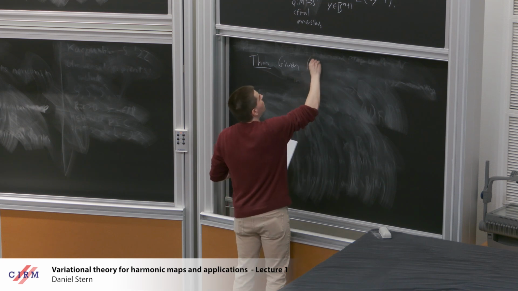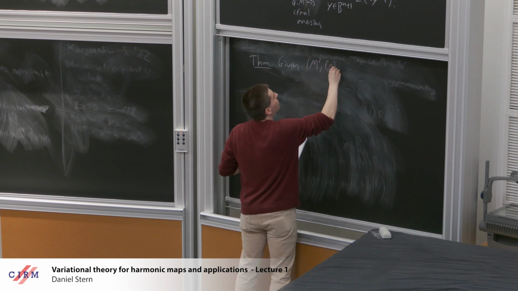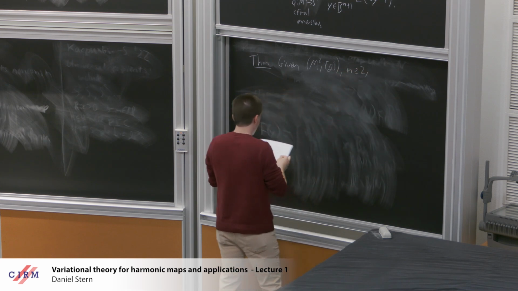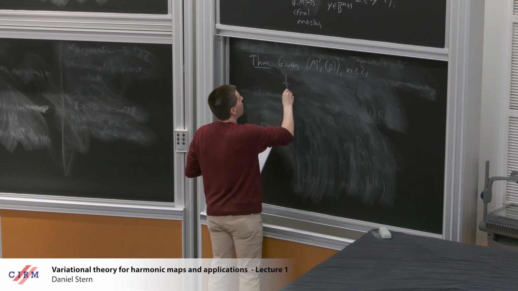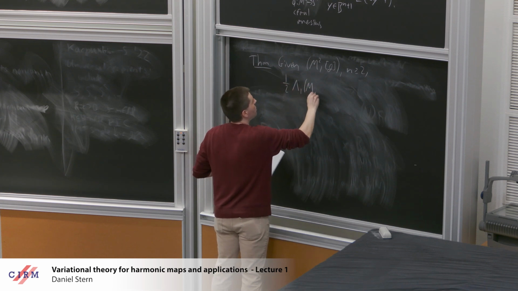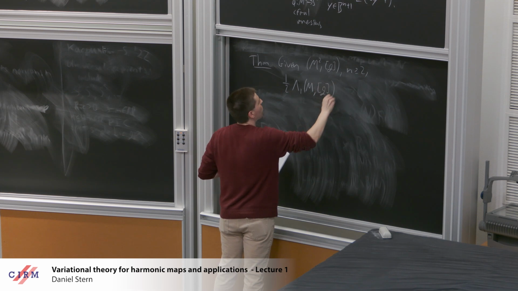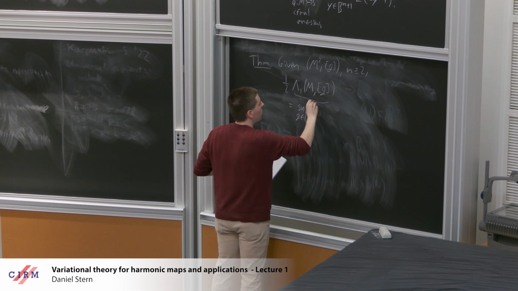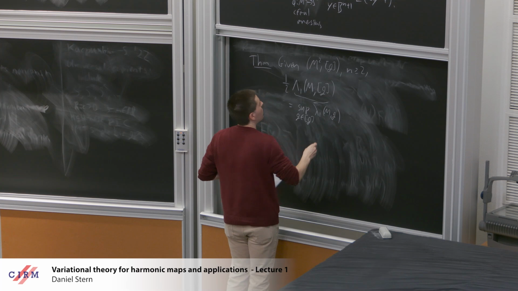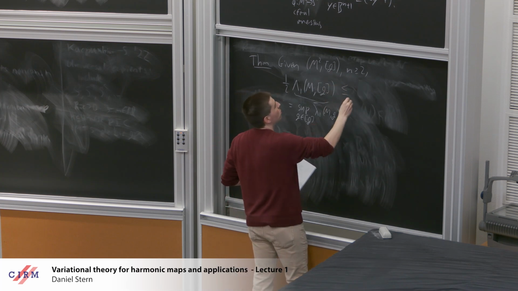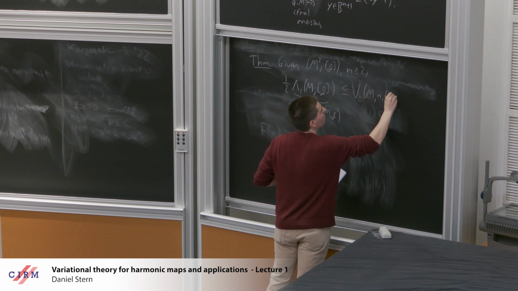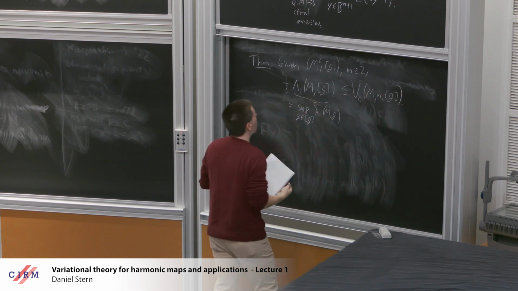So given M, [g], n bigger than or equal to 2, we have that, let's call lambda 1 of M bracket g the conformal max of this first eigenvalue, that's always going to be bounded above by this conformal volume.